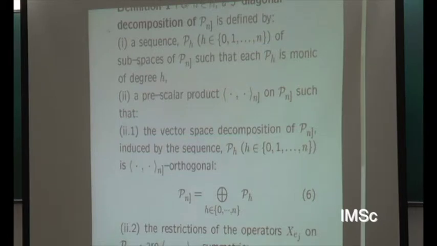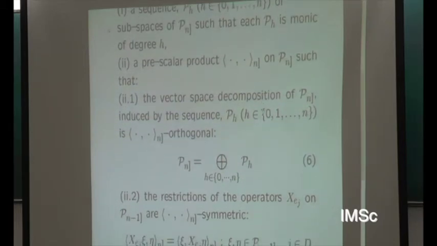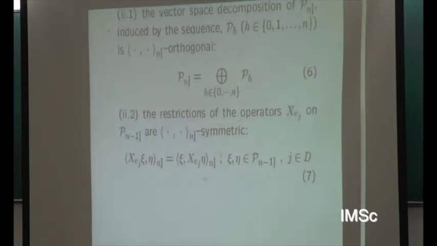So first I have this. Then on each space I have a pre-scalar product with two important properties. First, that this decomposition is orthogonal, and therefore every restriction is orthogonal. Second, the coordinate operators are symmetric.